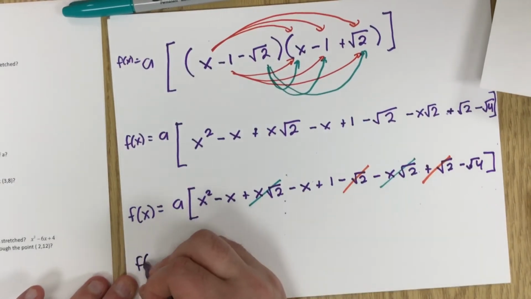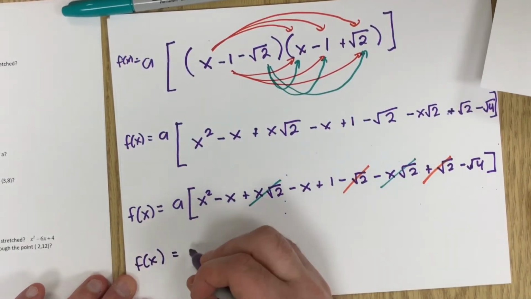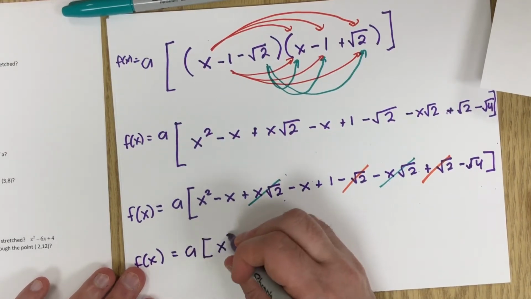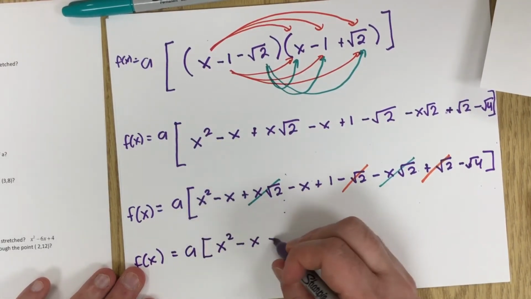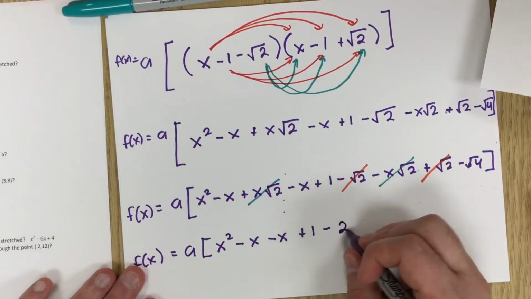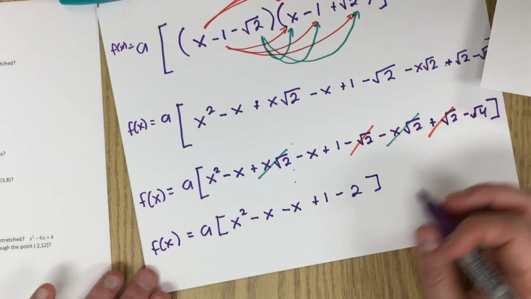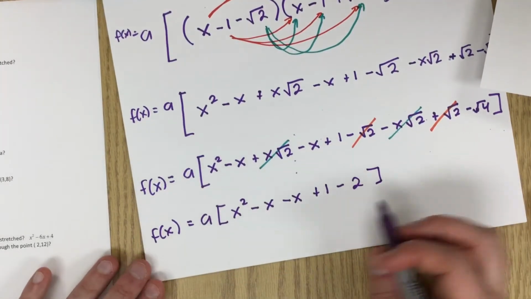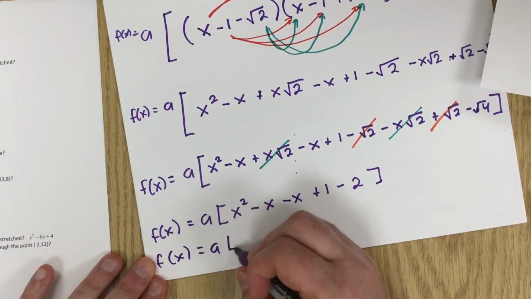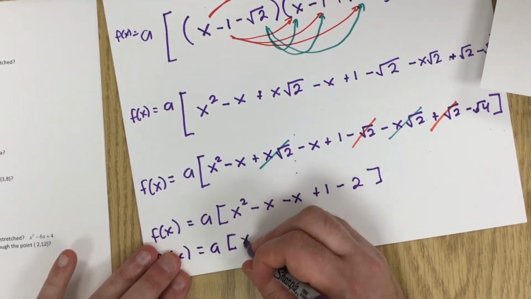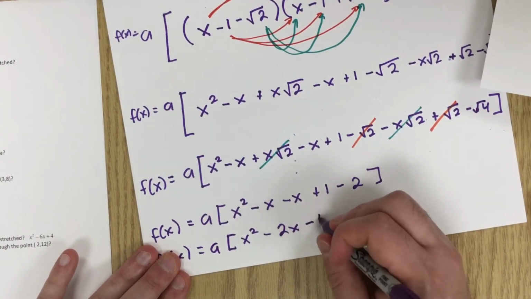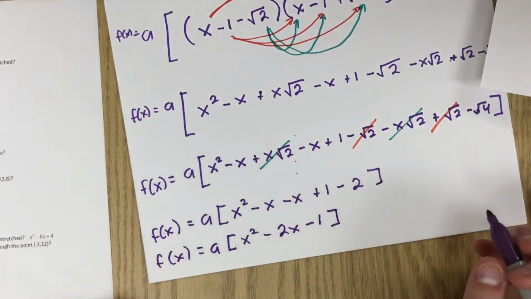So now it's going to be a times x squared minus x minus x plus 1, and the square root of 4 is 2. So I'm just going to write it as minus 2. And f of x is a times x squared minus 2x. 1 minus 2 is minus 1.